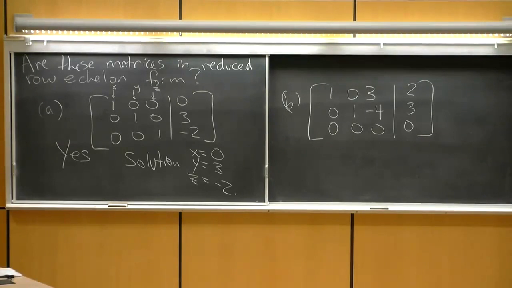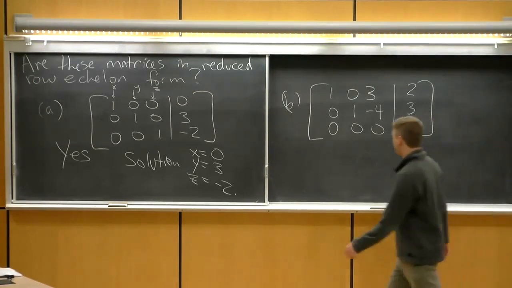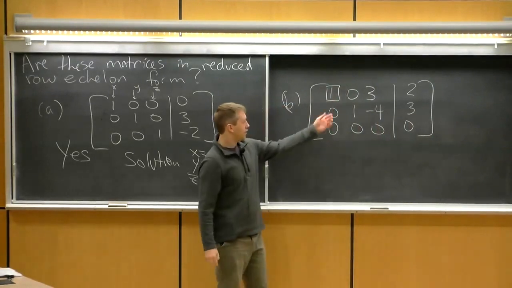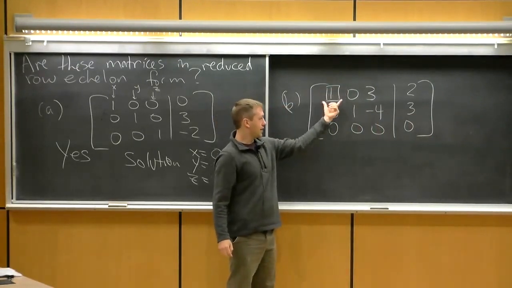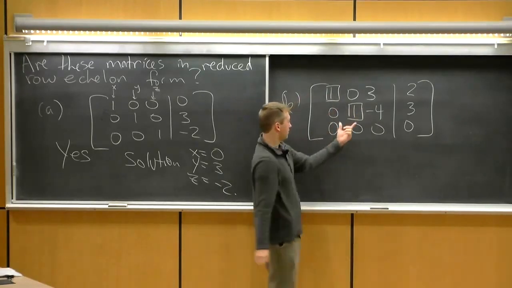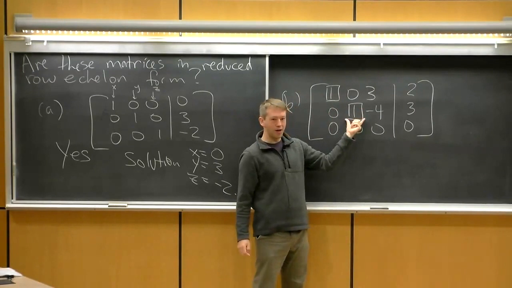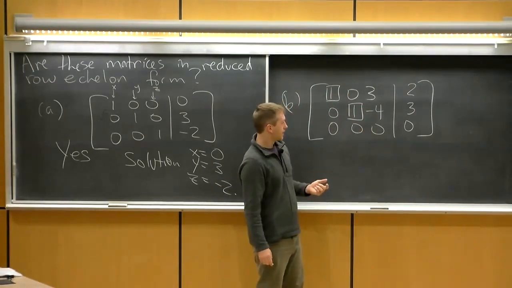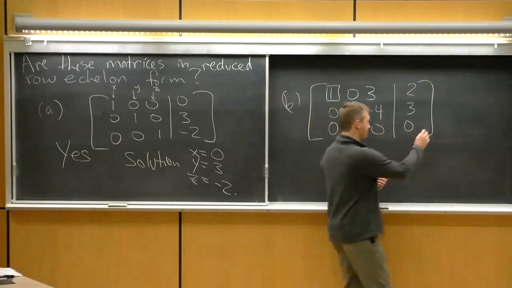Because if I look at my first column, it's fine. The first row has a leading 1, and then all of this is 0. My second column, the second row has a leading 1. In the second column, everything else is 0. And I've got a row of zeros at the bottom.